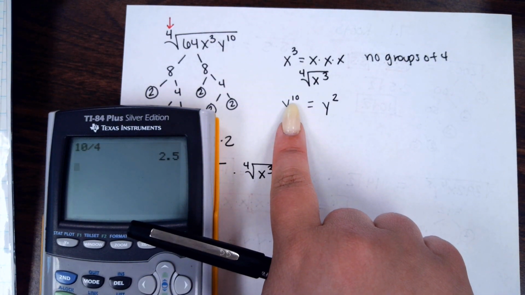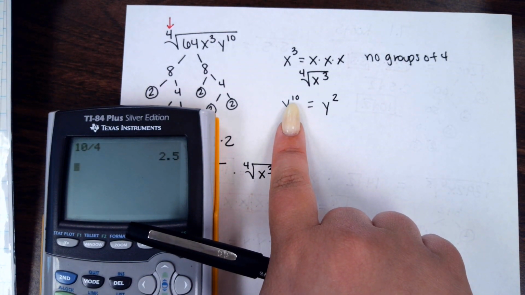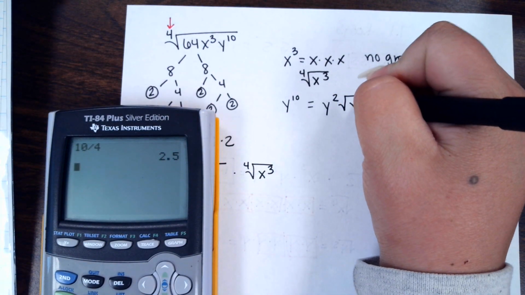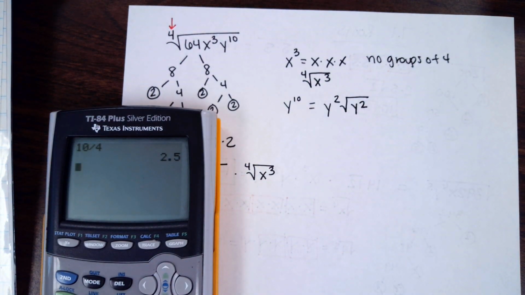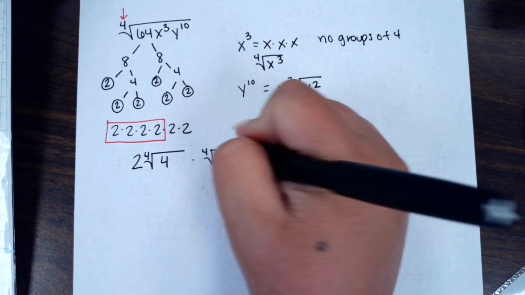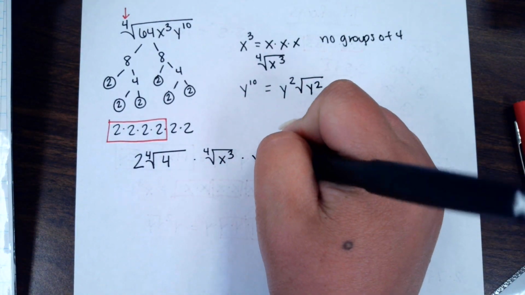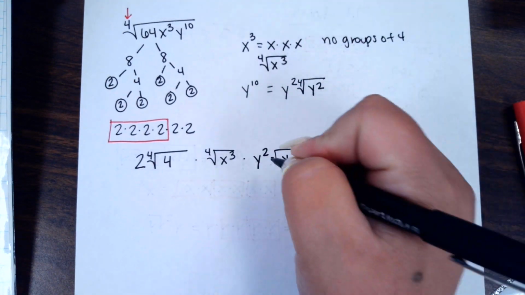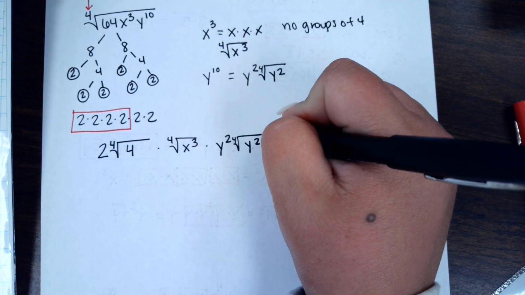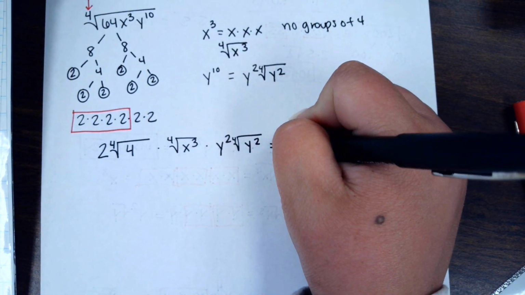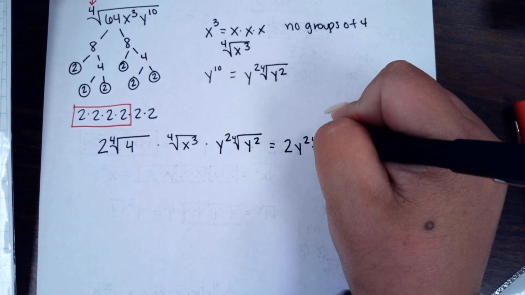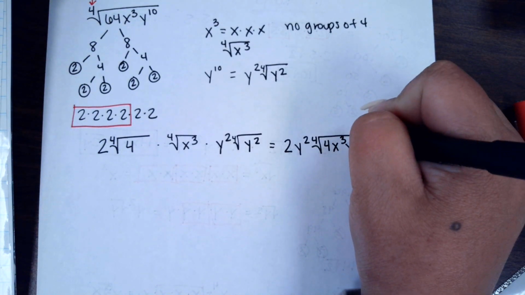If I took 2 groups of 4 out of here, 2 times 4 gives me 8. So that means I have 2 y's left over that don't have a group. So that's how you can do it without writing them all out. Oop, and don't forget my little 4 there. Almost forgot. And then we just combine everything. So on the outside we have a 2y squared. And then we have the fourth root of 4x cubed y squared.